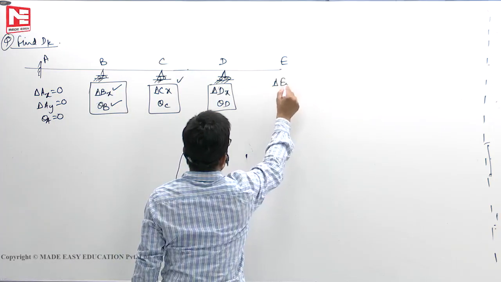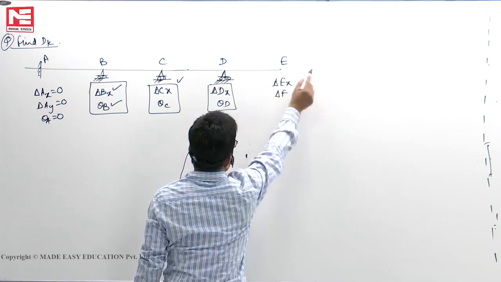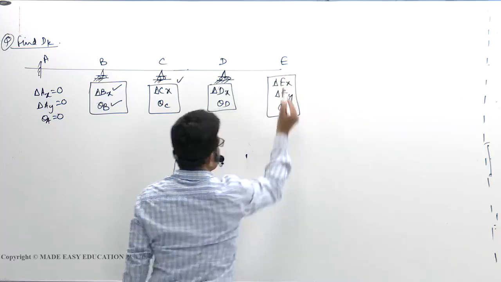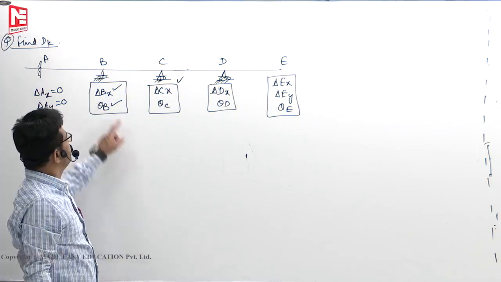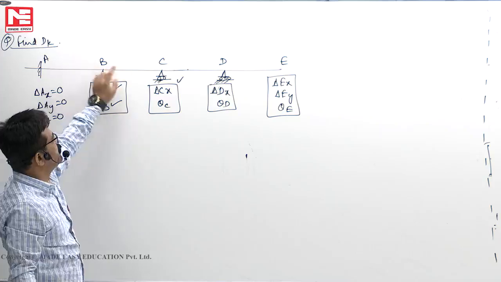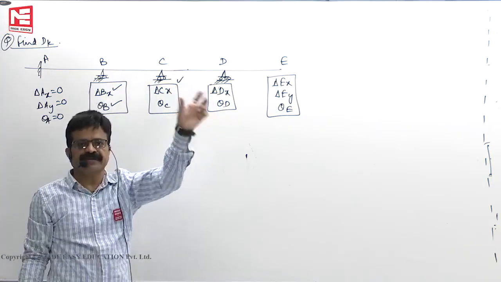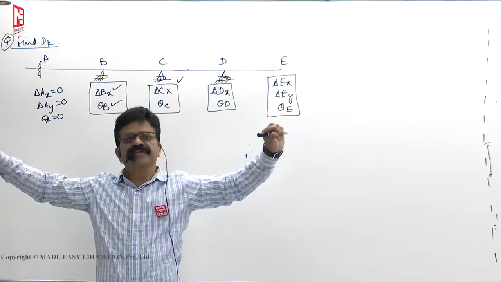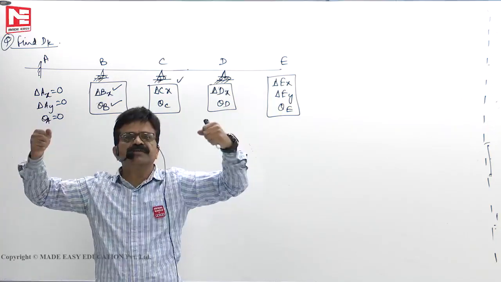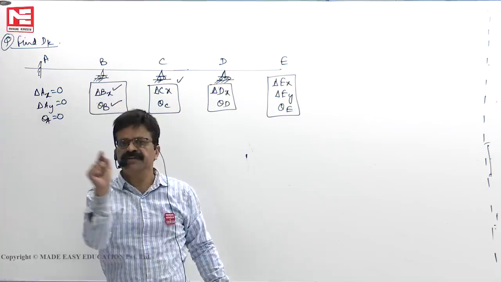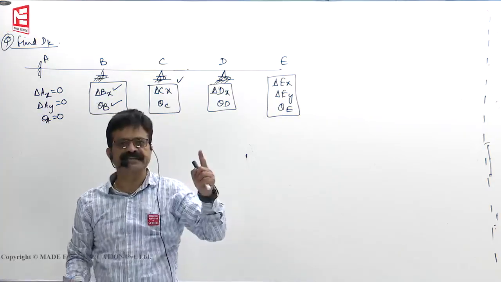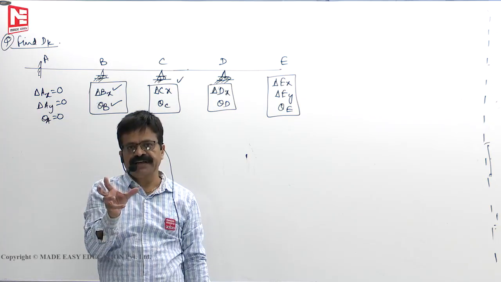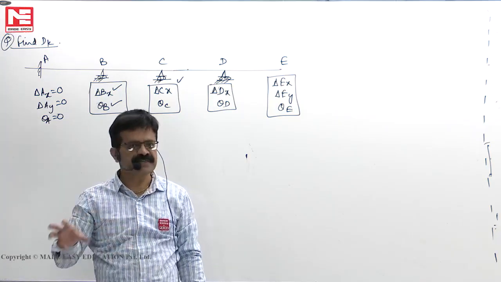Here displacement in x direction means elongation, deflection, slope. 3 are possible at E. If delta Bx is 5 mm, Cx need not be 5 mm, because in strength of materials you have studied, supposing that a bar of length 3 meters is subjected to axial forces of 10 kilonewton, 20 kilonewton, 30 left side, 40 right side, then total elongation is delta L1 plus delta L2 plus delta L3.